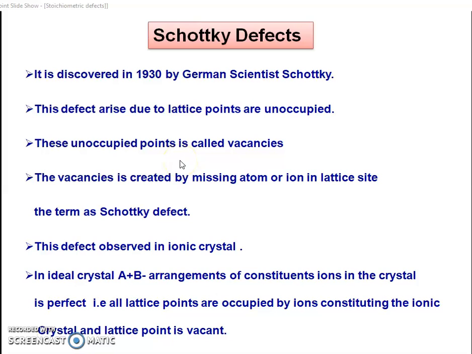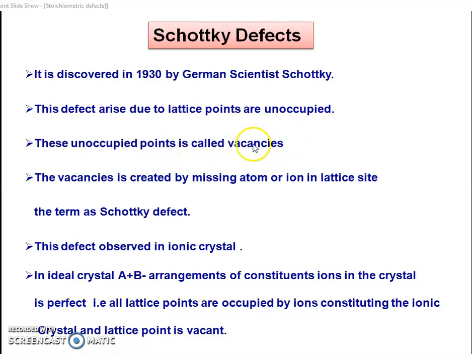This Schottky defect, which is observed in ionic compounds, was discovered by the scientist Schottky in 1930. This defect arises due to lattice points which are unoccupied in the crystals. These unoccupied points are called vacancies.